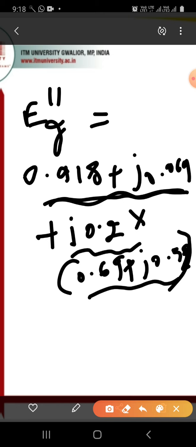So Eg double dash is 0.918 plus j 0.069 plus j 0.2 into 0.69 plus j 0.52.